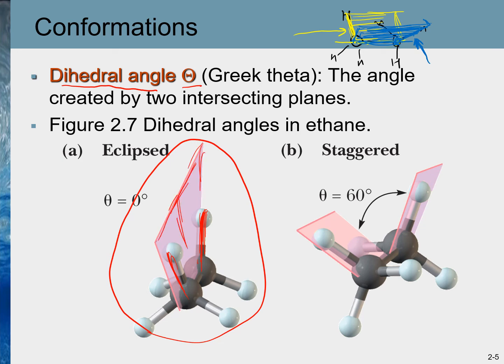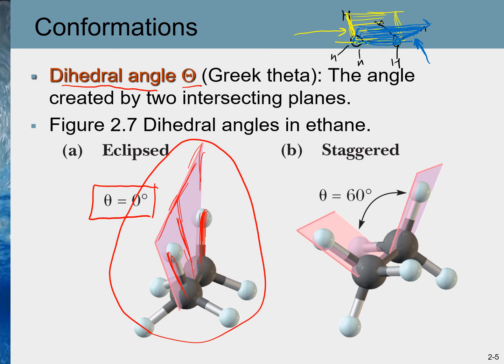So both planes are exactly in the same orientation. So in this case, there is no angle difference between the two planes. So in this conformation, the dihedral angle is said to be 0.